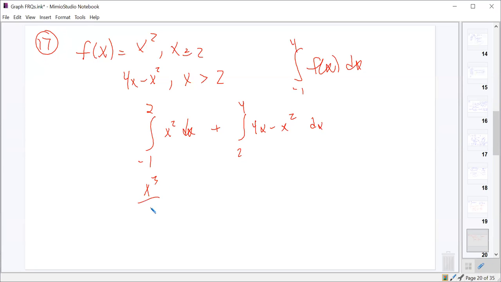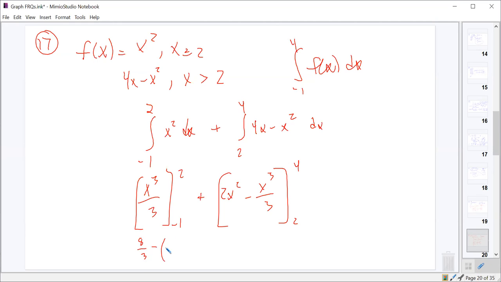So we'll have x cubed over 3, -1 to 2, and we'll have 2x squared minus x cubed over 3 from 2 to 4. And you'll just go through and evaluate all that. So that becomes 8/3 minus a -1/3, and then plus, we got 32 minus 64/3 minus 8 minus 8/3.